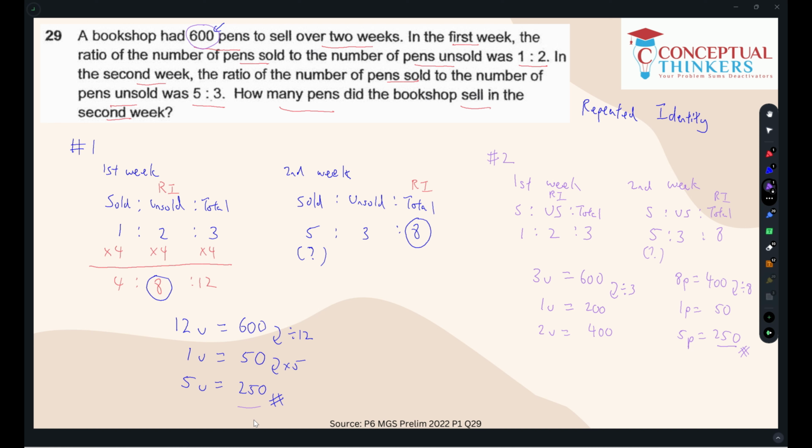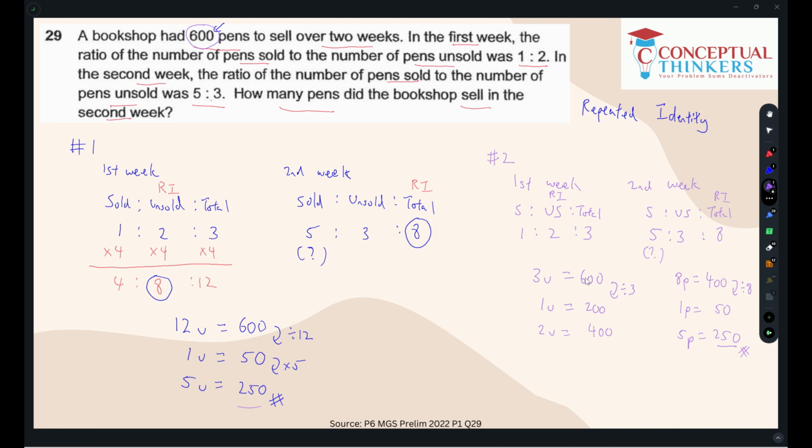These are two different approaches to solve the question. I usually use the first method because what I'm trying to do is make my repeated identity equal in terms of units. In model drawing, I'm trying to cut them into equal unit size before I do my calculation and comparison.